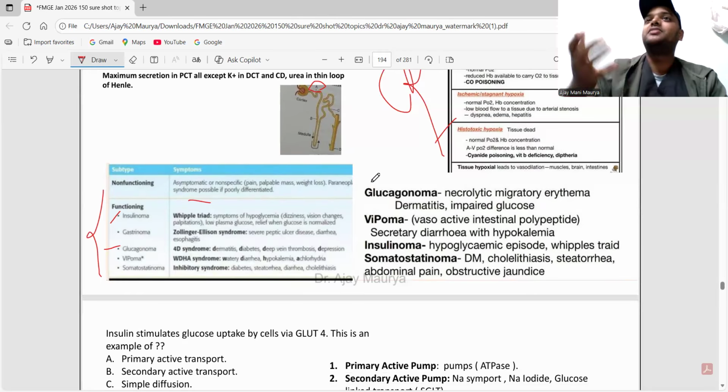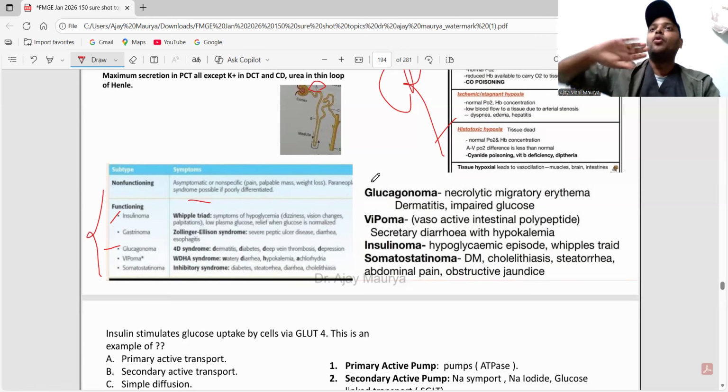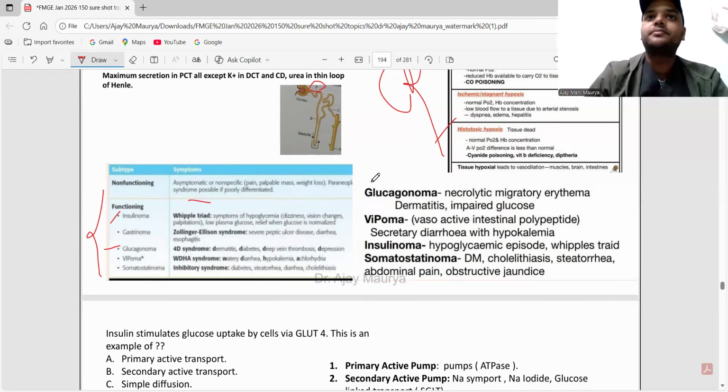Then more glucagon will be released. Sorry, more glucose will be released. Then it will lead to hyperglycemia. Because of the hyperglycemia, what happens? It causes anemia, necrolytic migratory erythema. Obviously, more sugar causes diabetes, deep vein thrombosis, and also leads to depression.